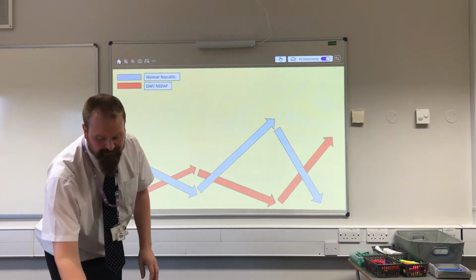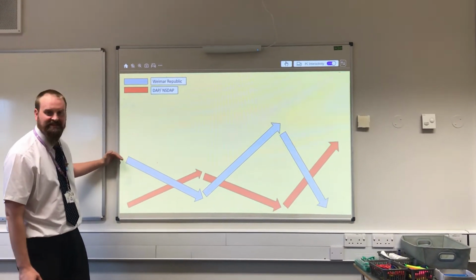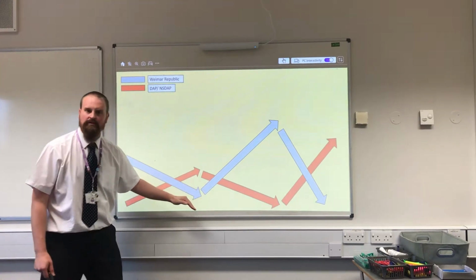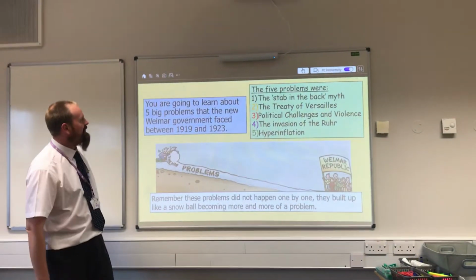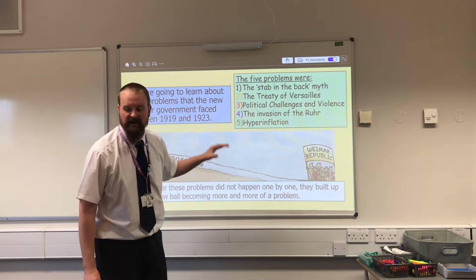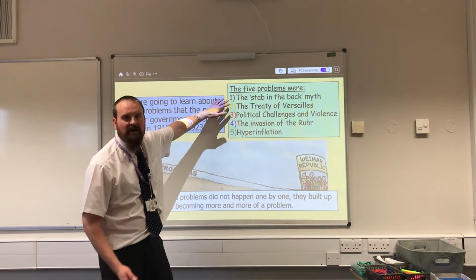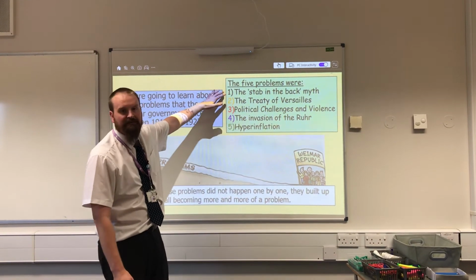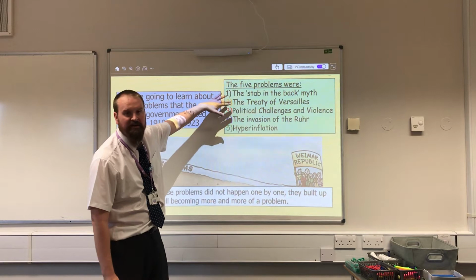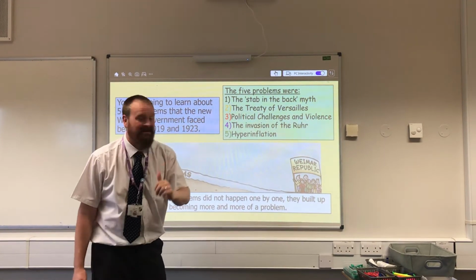The first thing we need to look at is why do we go straight from 1918 to this immediate downturn for these first 5 years? Well, it comes to this. We've got 5 problems that immediately hit the Weimar government. The stab in the back myth, the idea that they are responsible for the failure in World War I. The Treaty of Versailles, that really unpopular treaty they had to sign in 1919.